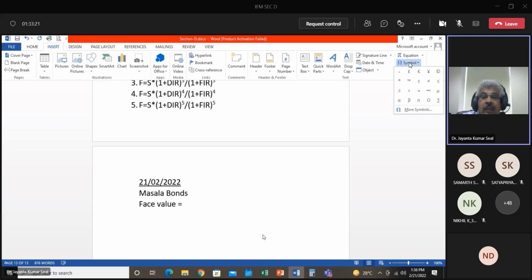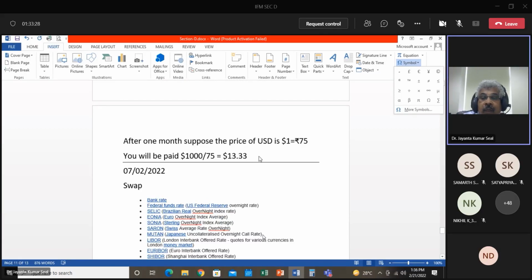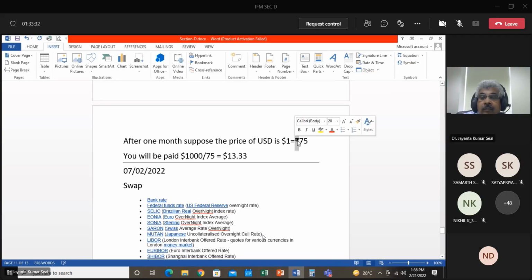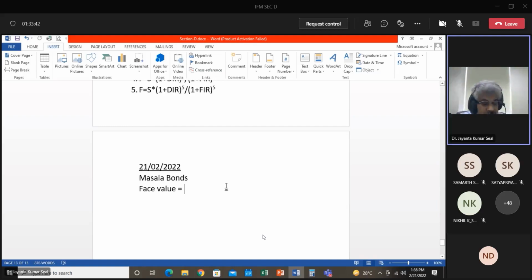Here we don't have a rupee symbol. Today's exchange rate at the time of issue: $1 equal to ₹75.